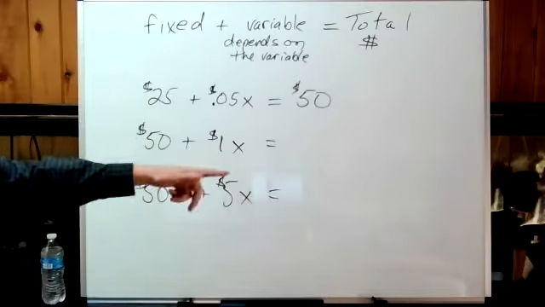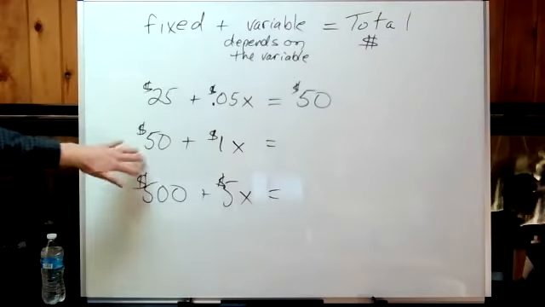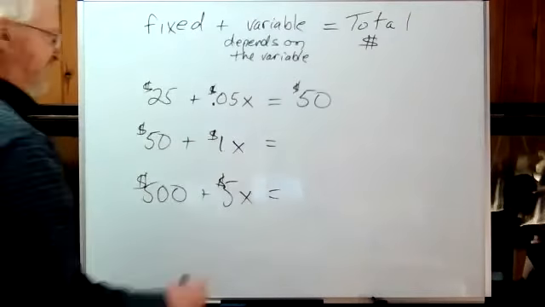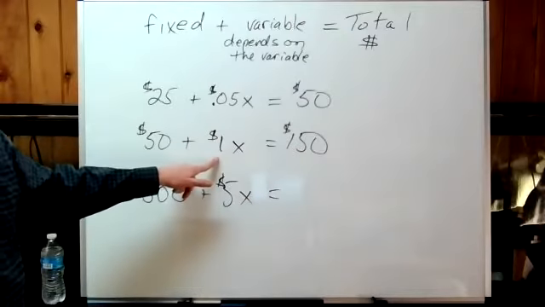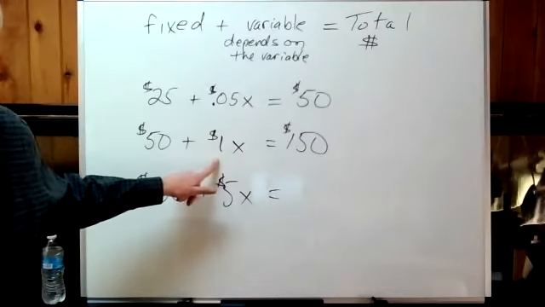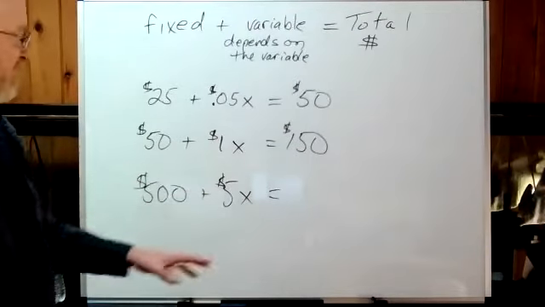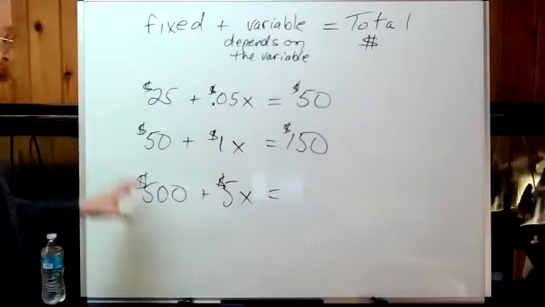Here I could say, oh, what was my example here? Oh, this was car rental or truck rental, right? If I spend $150, how far did I go? How far did I drive that truck? Well, let's see, I'm going to subtract the 50 and then divide by 1 to say, oh, I must have gone 100 miles. But again, we have to be given the variable amount, a fixed amount.